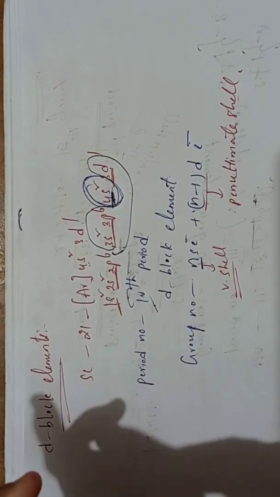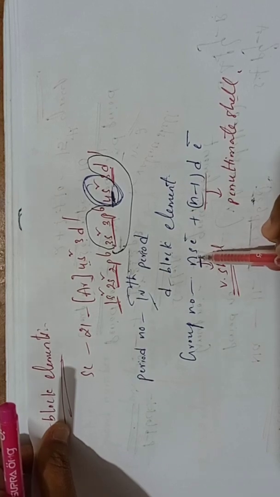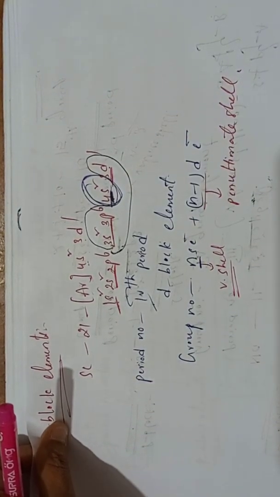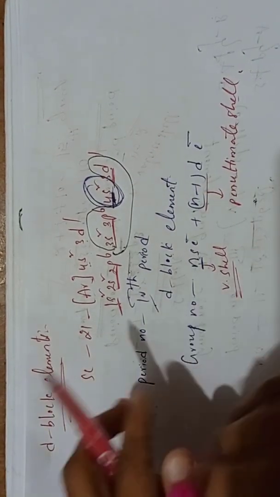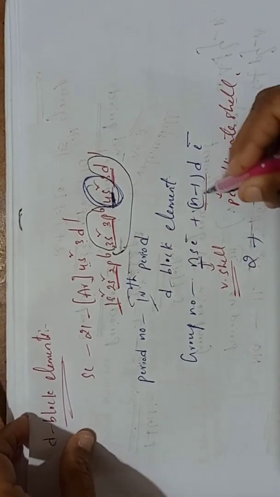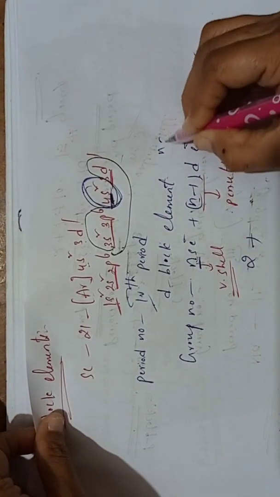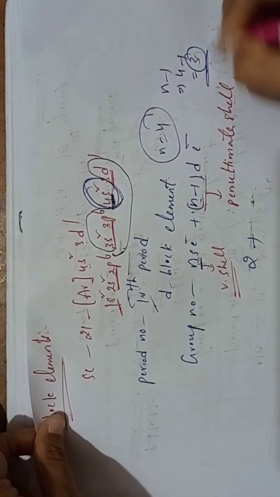In the fourth shell, ns electrons: n means fourth shell, valence shell. How many s electrons are there, students? 2 s electrons. So here you have to substitute 2 plus (n minus 1) d electrons. N equal to 4, then n minus 1 is 3, that means the third shell.